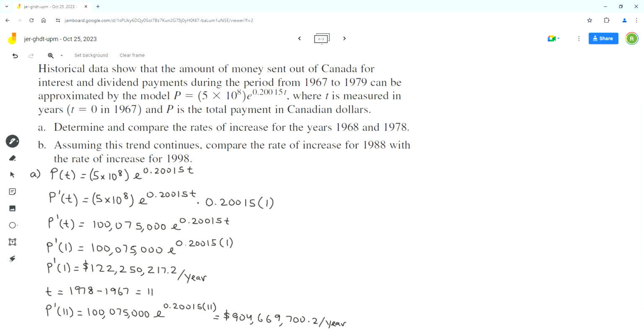So this is the rate of increase for 1978. Now we have to compare the rates of increase for these 2 years. For that, we should divide the rate of increase for 1978 by the rate of increase for 1968.